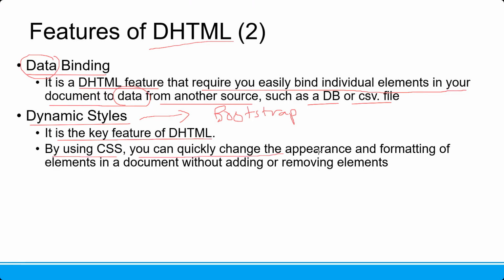You can quickly change the appearance and formatting of elements in the document without adding or removing the elements. So with Bootstrap, you can just put some kind of table in the HTML, and then you can define what class you want to put in the table of the HTML. We call it dynamic.